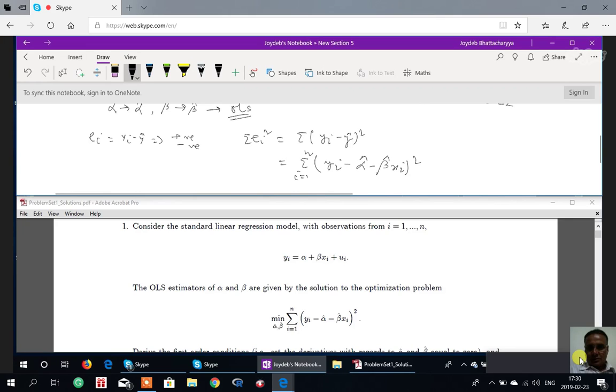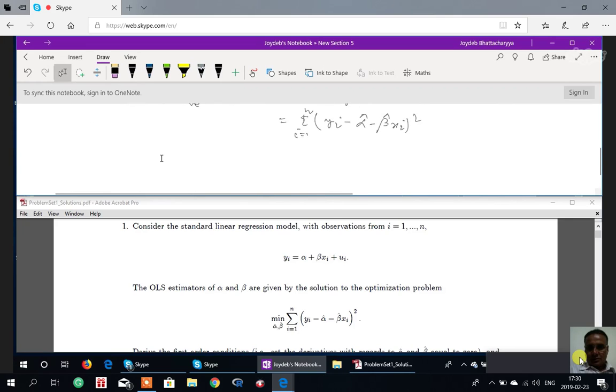Now the objective is to minimize the summation of ei square with respect to alpha and beta using two normal equations.